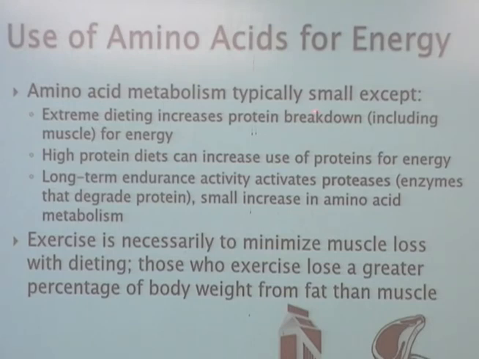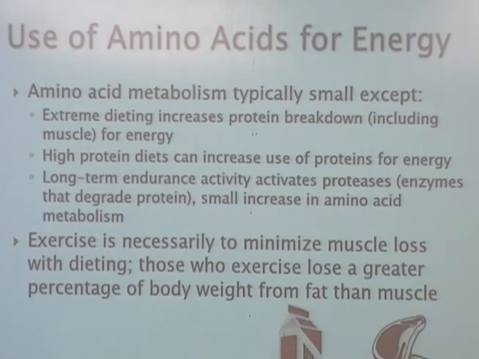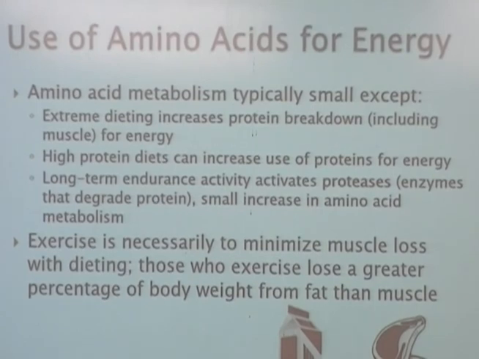So if I'm looking at amino acids that come from a protein, typically then metabolism of amino acids is going to be minimal. The circumstances where I'm likely to use amino acids for energy are if I am on an extreme diet, so my calorie intake is very, very low.